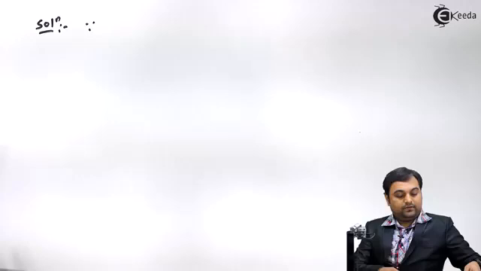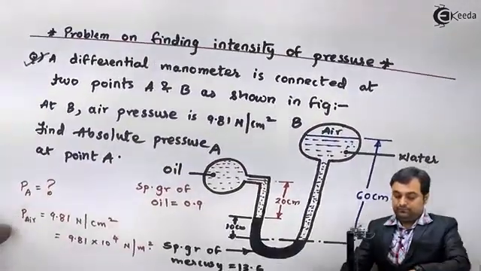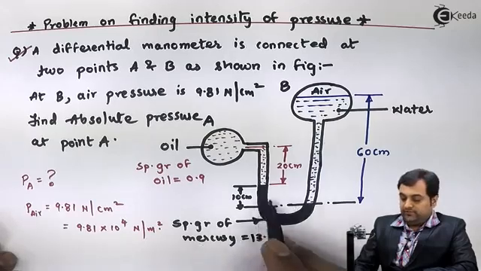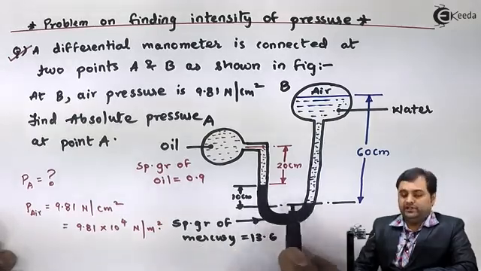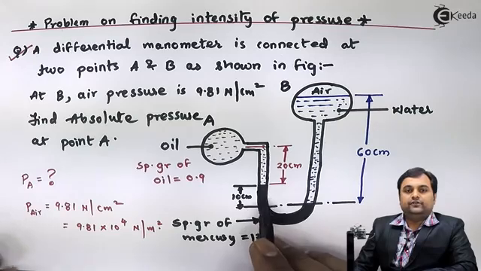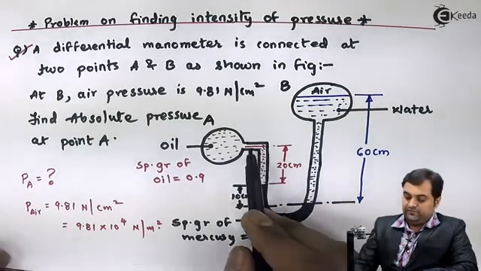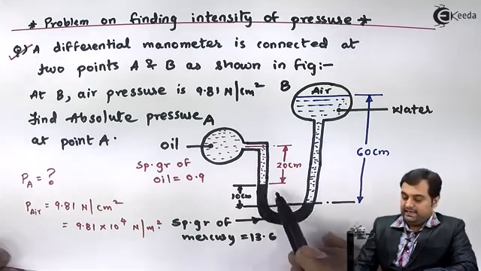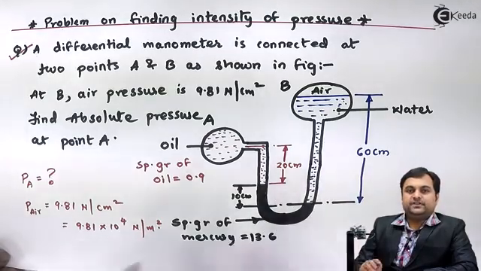Since for differential U-tube manometer, we have to balance or equate both the sides of the differential U-tube manometer. That is, we have to equate the left limb and the right limb. That is the pressure equation.